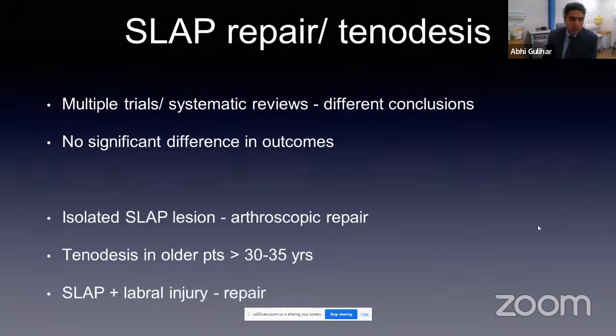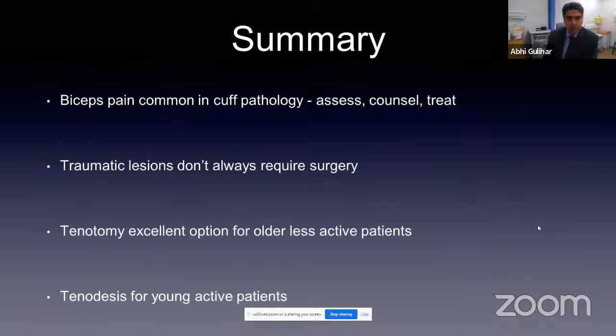If it's an older patient, more than 30 years old, I would do a tenodesis. Final scenario, if they have got a SLAP tear and a labral injury and they are young, and when I say young, they could even be 35, 40, and if they have a circumferential labral injury, then initially I would repair everything before doing a tenodesis.